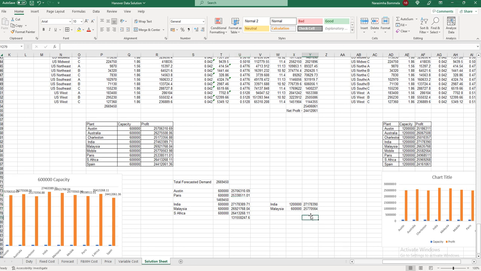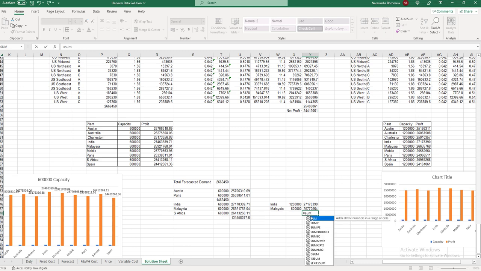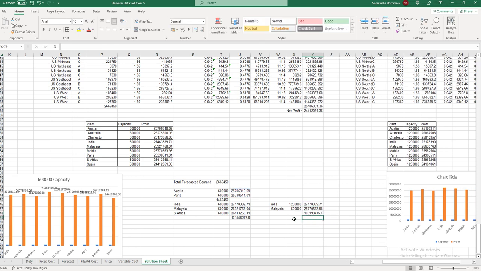So let us take the sum of this one. You can see that this value is generating a larger benefit when compared to this value. So it is a very simple solution: we should create new plants in India, Malaysia and South Africa, and they definitely increase the profits for the company.